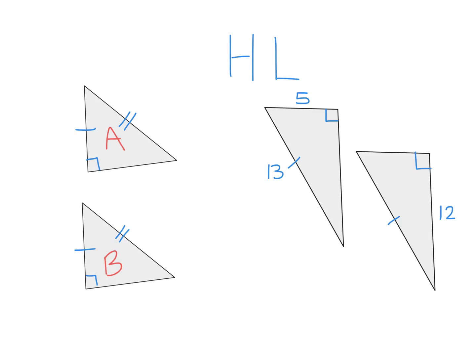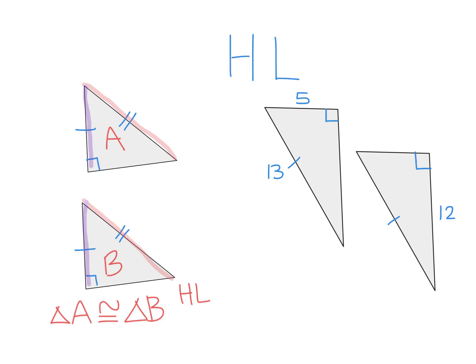That means I don't see any side that's listed, for example, 7 inches, okay? I'm only looking at the tick marks. But these tick marks are enough to show me that they have a congruent hypotenuse, since it has 2 tick marks, and they have a congruent leg. That's enough for me to say that triangle A is congruent to triangle B using the hypotenuse leg. Okay?